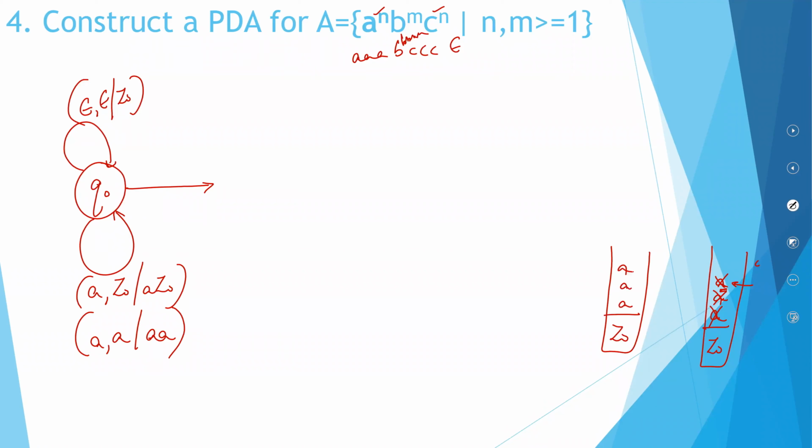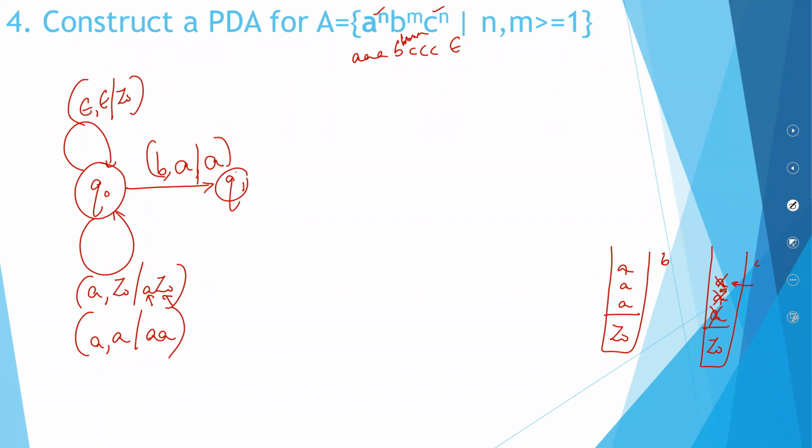Now you are encountering B. What is the top of your stack? The top of the stack is A. The moment you encounter B, the top of the stack is A. You remember what I told you? Don't touch your stack. Don't put anything into your stack. You are not pushing in anything; you are maintaining the previous top of the stack itself.